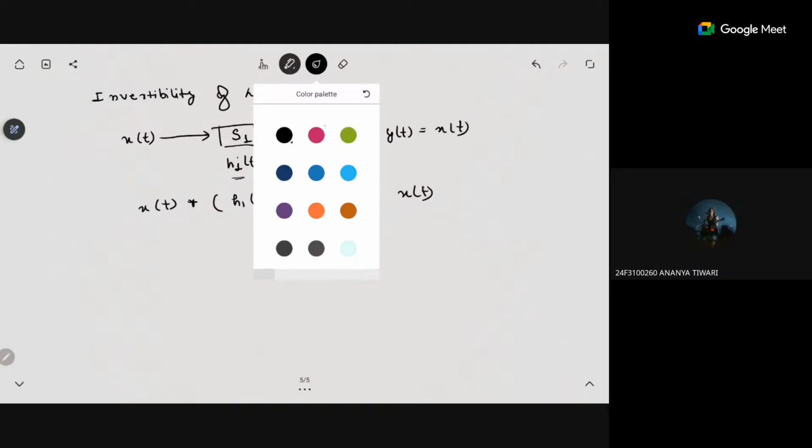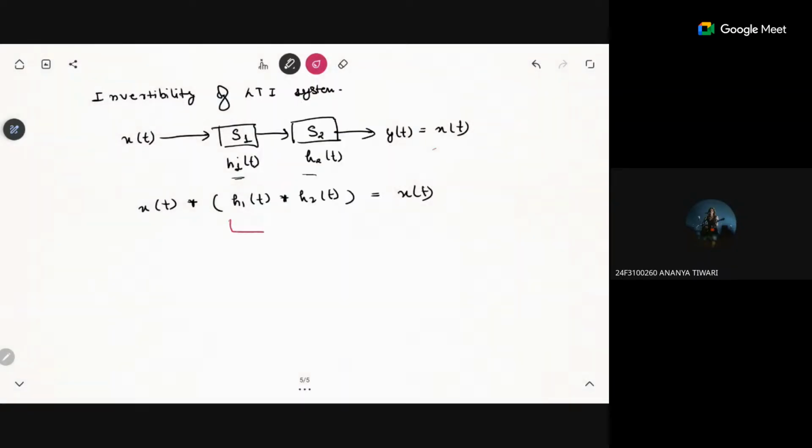Any guess what this should result in? What should h1(t) convolved with h2(t) be equal to, such that x(t) convolved with whatever we get here is equal to x(t) only?